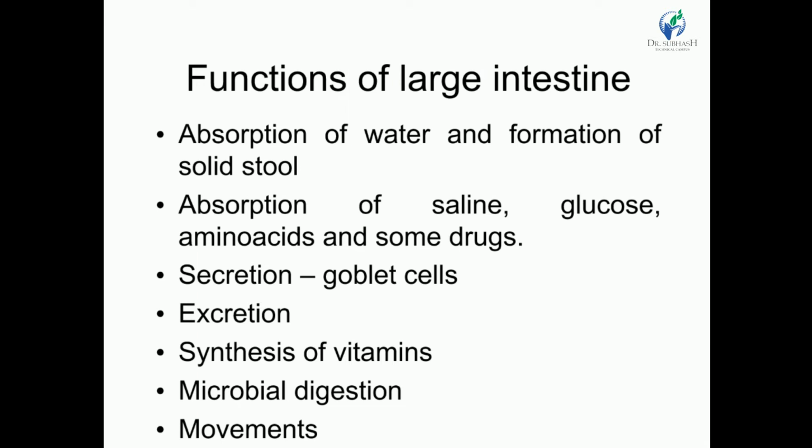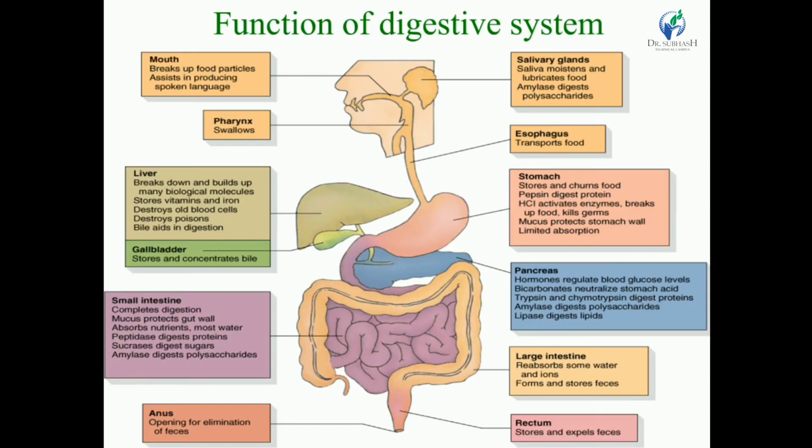They are helpful for the digestion of food material and maintain the optimum concentration of bacteria inside the colon. Next are the movements. The colon follows the normal peristalsis movement, which pushes the feces forward towards the rectum, and mass peristalsis occurs in the large intestine, finally pushing the stool into the rectum. So these are all the functions of the large intestine.